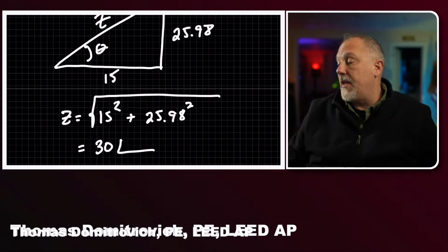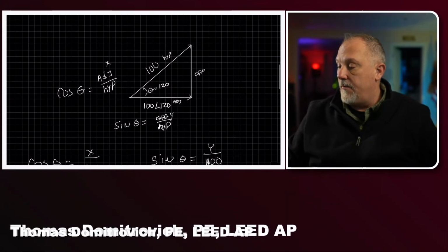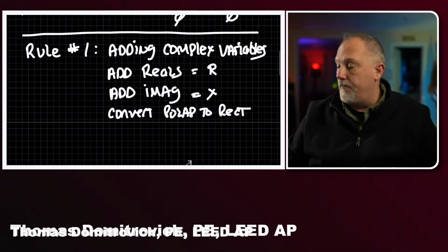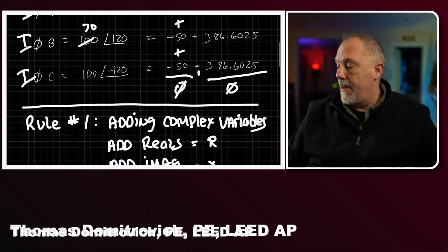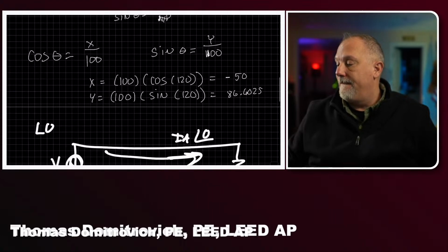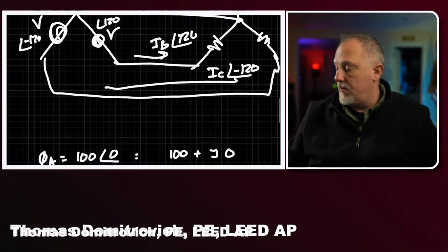So I can do a couple different things. Remember what our numbers were. Cosine theta is adjacent over hypotenuse.